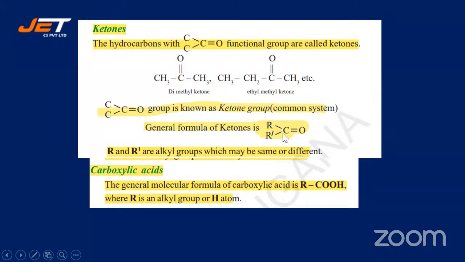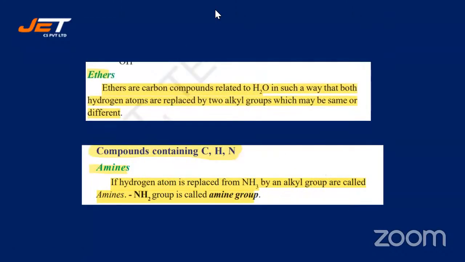And the general formula, you can see here, where R and R dash are alkyl groups, which may be same or different. Next coming to carboxylic acids, the general molecular formula of carboxylic acid is RCOOH. Here R is alkyl group or hydrogen atom. Next coming to ethers.